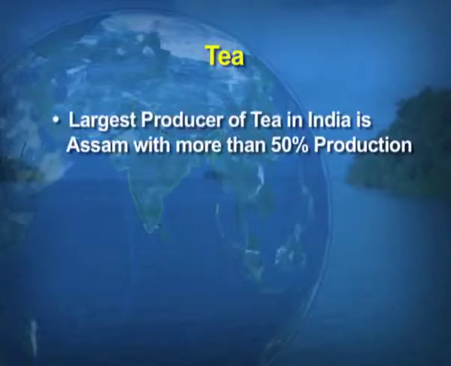India is the world's largest producer of tea, contributing about 28% of the total tea production in the world. There has been more than a threefold increase in the production from 1950 till 2000. The largest producer of tea in India is Assam, with more than 50% production, and the reason is quite clear.